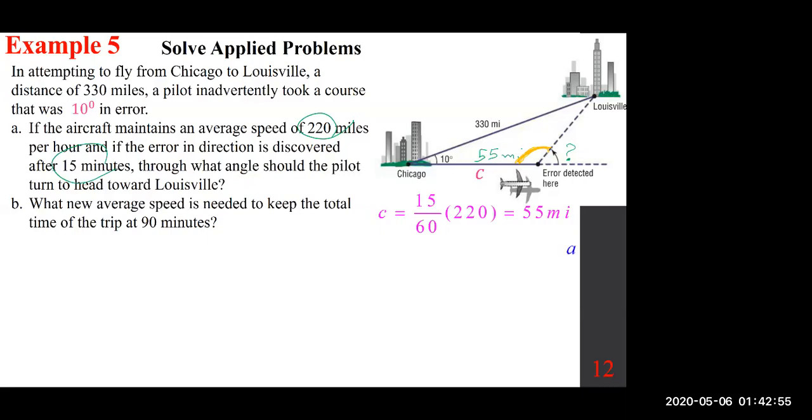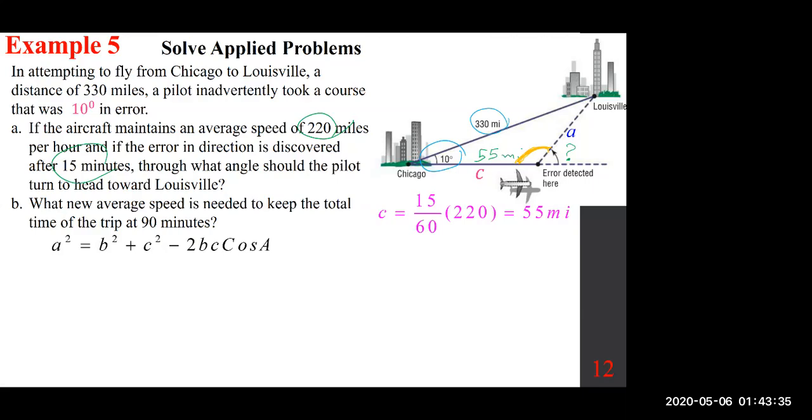So if this side, we call it A, and we use the cosine law, remember, this is the opposite side of 10 degrees. Do you see that? That's the opposite side of the 10 degrees. What do we have? For 10 degrees, we have both sides. One of them is 330 miles. Okay, so what do we have? I want to make sure everybody understands what we have so we can use this law. This is the included angle that we have.